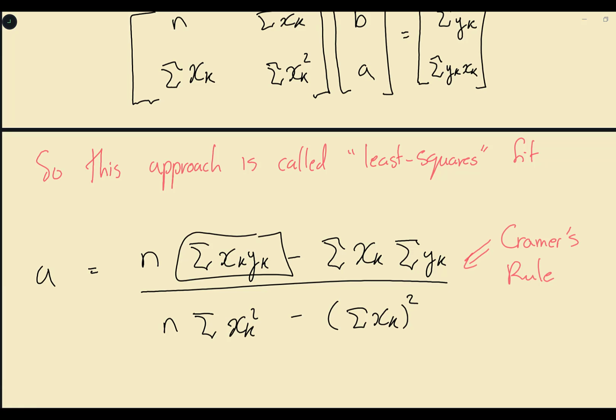Whenever we have, in this example, the sum of xk all together squared, you first do this part and then you square it afterwards. And for this part, on the other hand, you have to square all the values of x first and then take the sum of those.